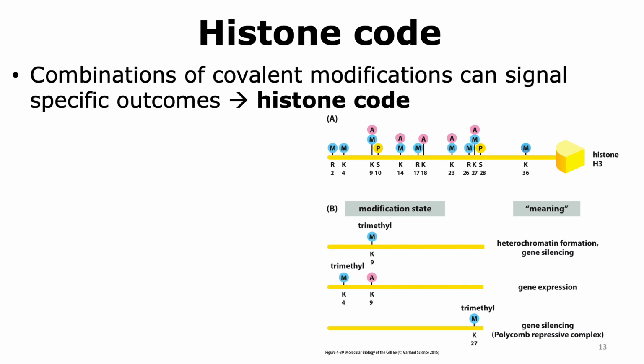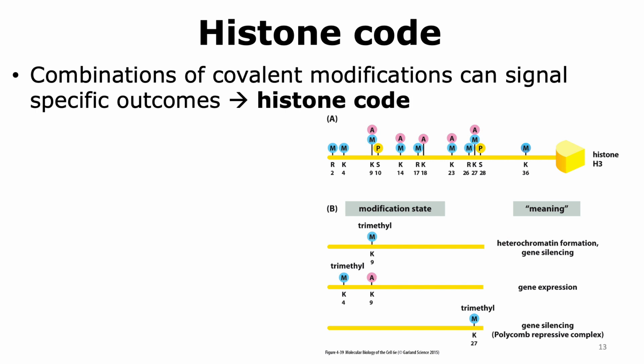In figure B, what we're looking at is the different modifications that can happen and what is the outcome of that modification. For example, if there are 3 methyl groups added to the lysine 9, then it is normally associated with heterochromatin formation or gene silencing.